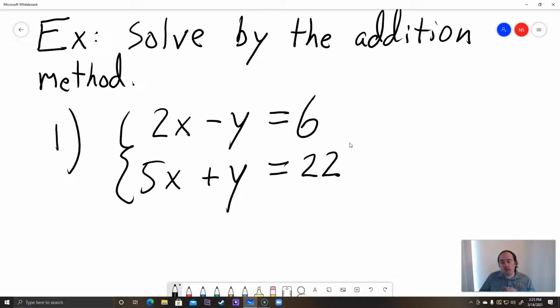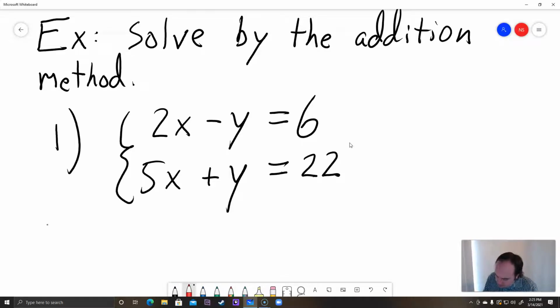The first step when you're solving by the addition method is to line up the variables and the constants, and then multiply one or both equations by a constant so that when you add the equations, something is going to cancel out. A variable has to cancel out.